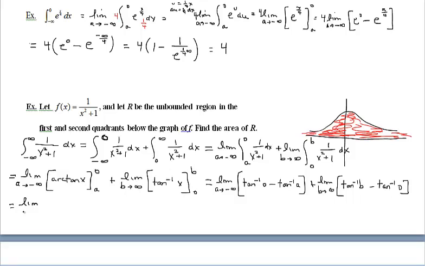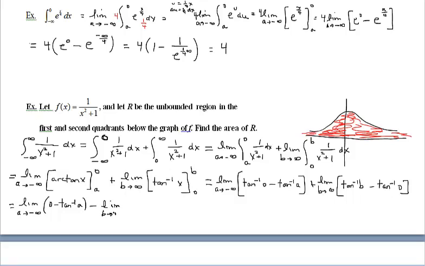Alright, so I'm going to do a little cleanup. Keeping the limit, I'm not ready for that yet. The angle whose tangent is 0 would be 0 minus arctan of a. So I'll be plugging my negative infinity in here in just a second.